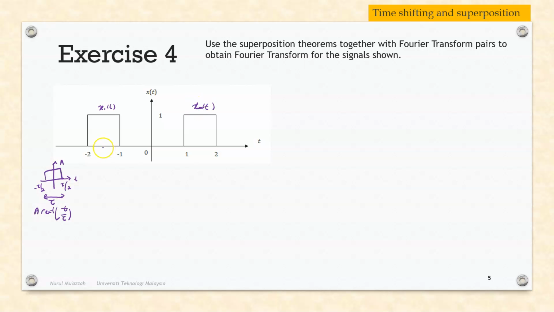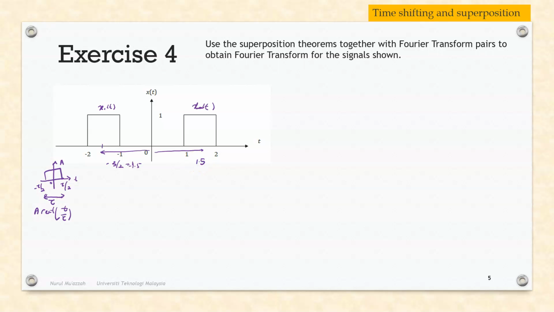So x1(t) is actually a rectangle which has been shifted by negative 3 over 2, which is 1.5. Okay, and this one has been shifted from the origin, because we are talking about a rectangle signal from the original form, which is centered at the origin. So this one has been shifted by 1.5.